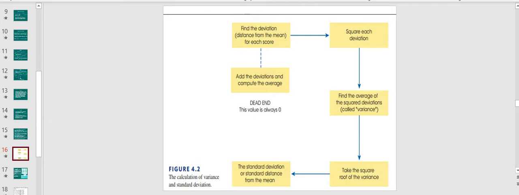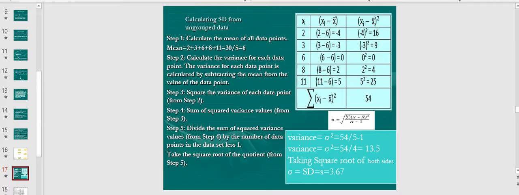We have not yet presented any formula for variance and the standard deviation. We should be able to compute these two statistical values from their definitions. The following example will demonstrate all the process which we have discussed in the four steps earlier: step 1, step 2, step 3, and step 4.